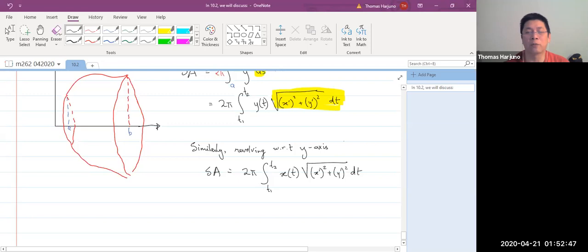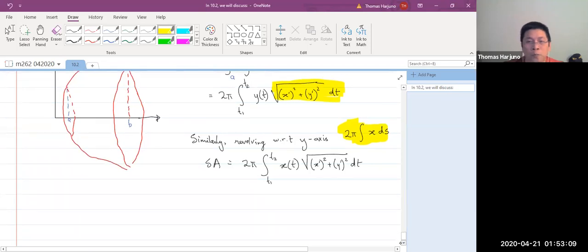It actually comes from 2 pi integral x ds. Okay, that's the basic formula, and I just did substitution. Now let's do a problem, and then after that I'll let you go.